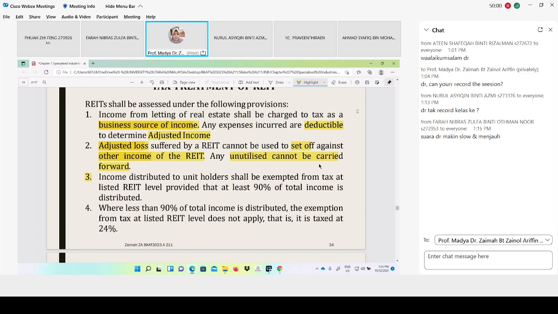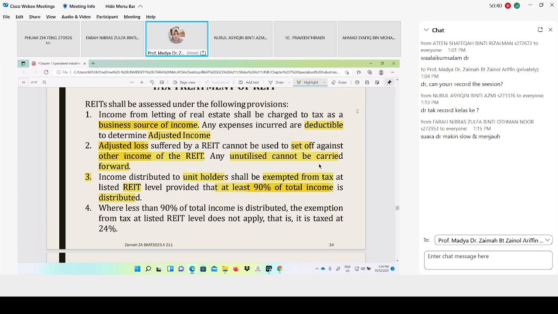Income distributed to unit holders shall be exempted from tax at the listed rate level, provided that at least 90% of the total income is distributed. So if the REIT distributes at least 90% of the total income to the unit holders, the total income itself will be exempted from tax.